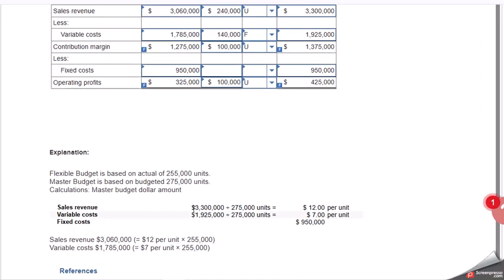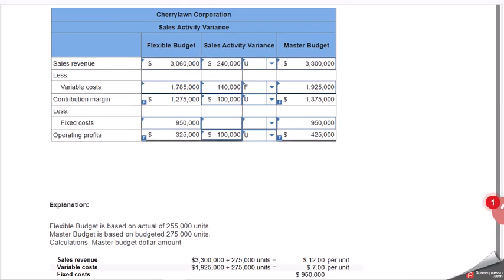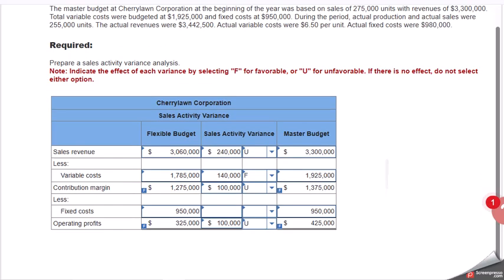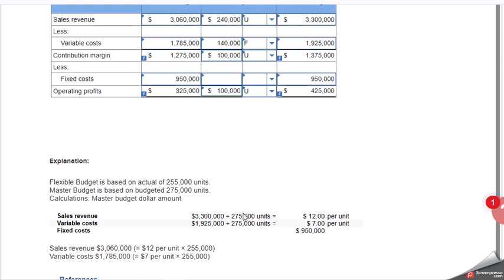If our master budget is 3,300,000 and we're selling 275,000 units, we'd have a selling price of $12 per unit. If our variable costs are budgeted at 1,925,000 and we're selling 275,000, our variable cost per unit is $7. And then the fixed cost is the 950,000.